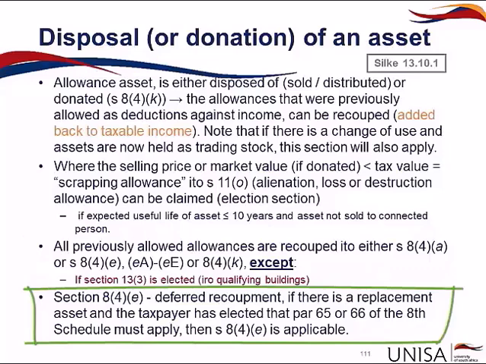Section 84E defers the recoupment if there is a replacement asset and the taxpayer again has elected either paragraph 65 or 66, depending on how the asset was disposed, in terms of the 8th Schedule. Then we can apply section 84E, which is the rollover provision.